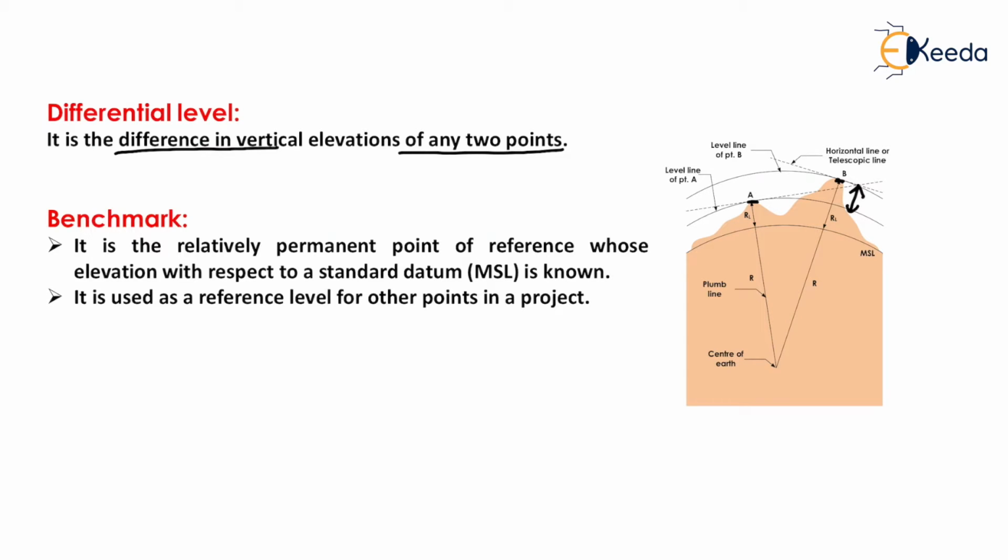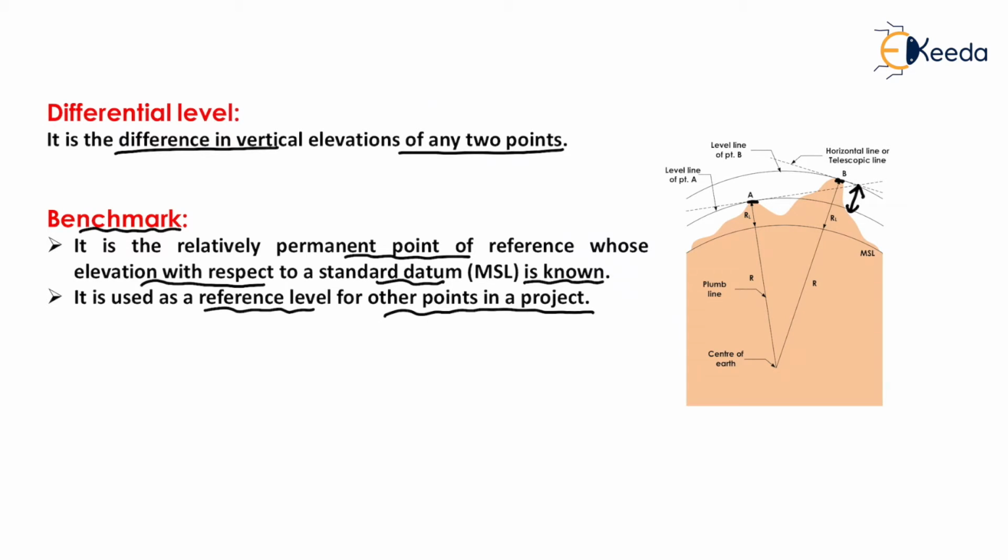Now the next one is benchmark. It is a relatively permanent point of reference whose elevation with respect to a standard datum, that is MSL, is known. It means that a benchmark is a permanent point of reference whose elevation or RL is already known from the MSL, and it is used as a reference level for other points in a project.